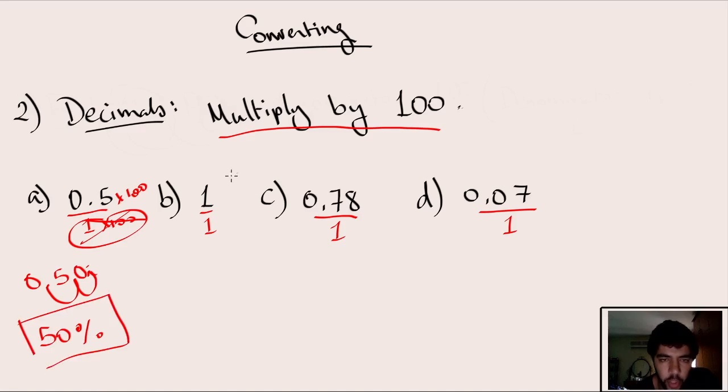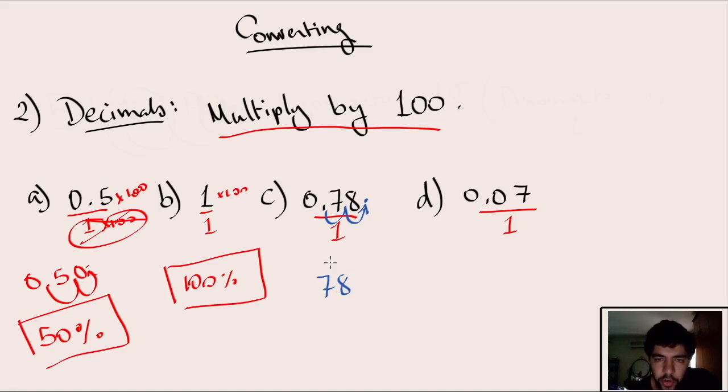That's easy. 1 times 100, again, is just going to be 100%. So 1 is just 100%. 0.78, same process. 1, 2, it's going to end up here. So it's 78 over 100, or 78 out of 100, which is 78%.